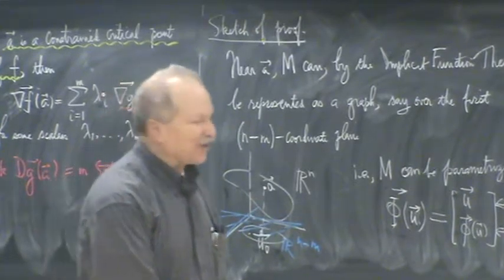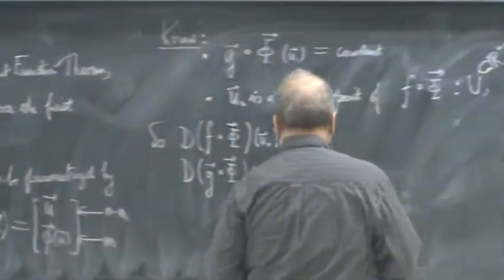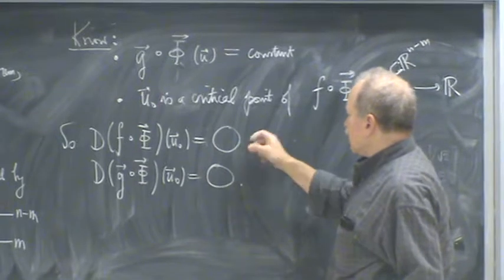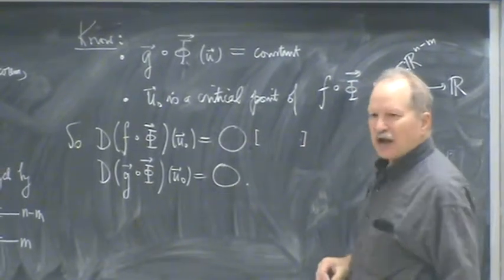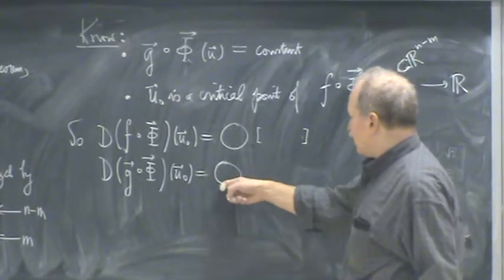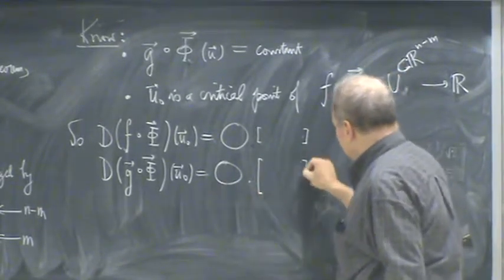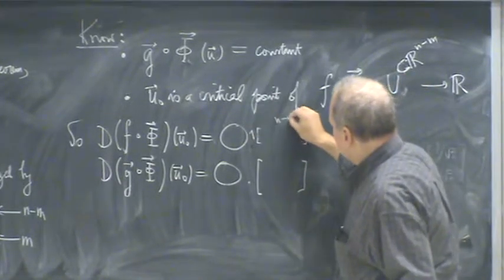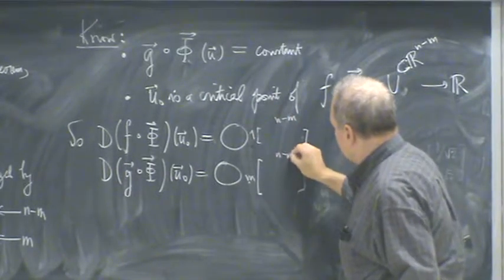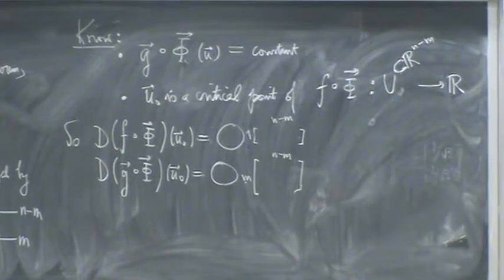And in fact, this 0 is a 1 by n minus m 0, and this 0 is an m by n minus m 0.